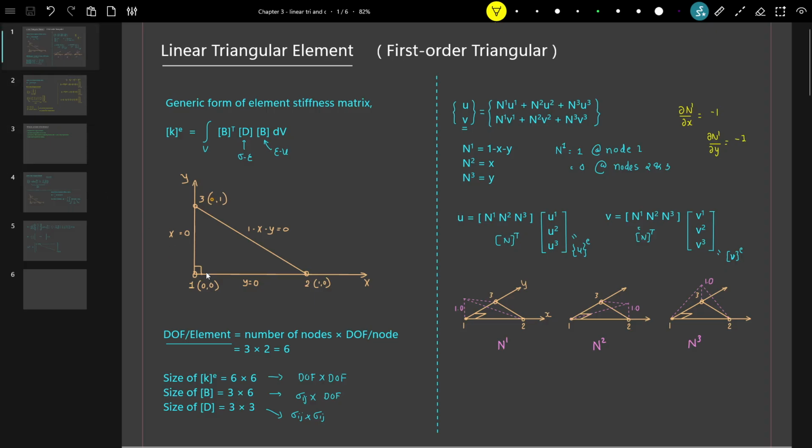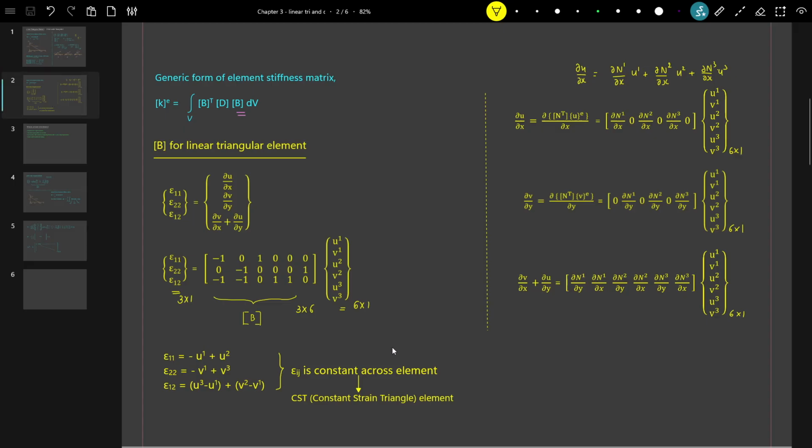If I have this triangle, to find the strain in one direction, that is in the x direction, this is u2 and this is u1.